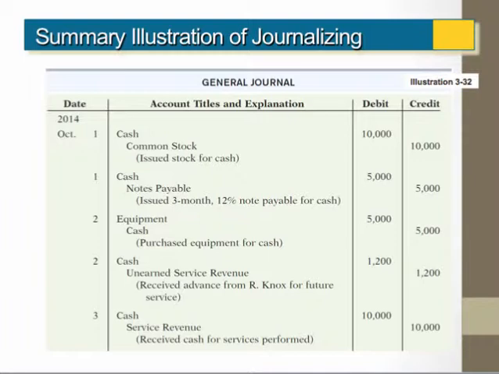So what we see on the general journal is a series of debits and credits to show each transaction that has occurred.